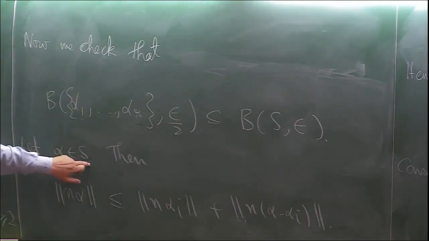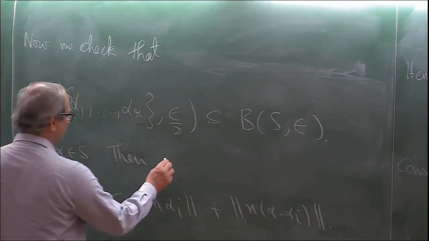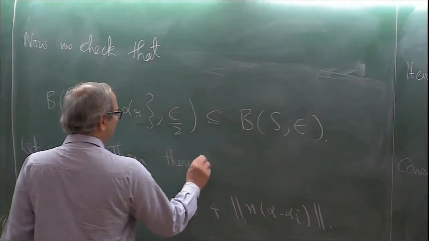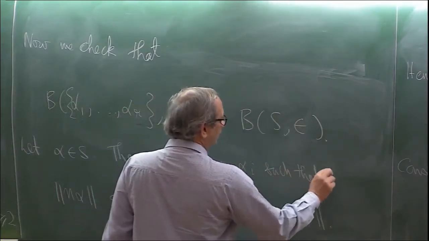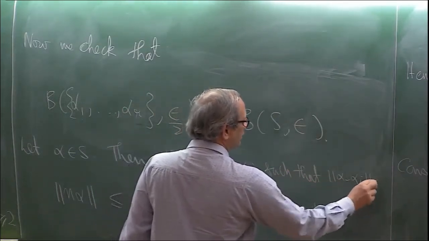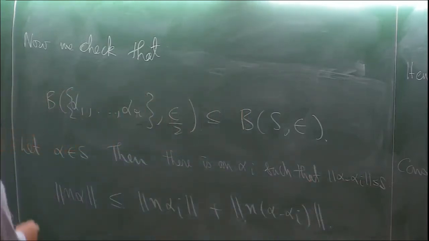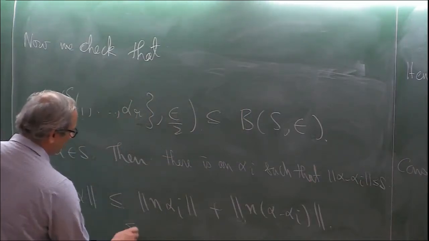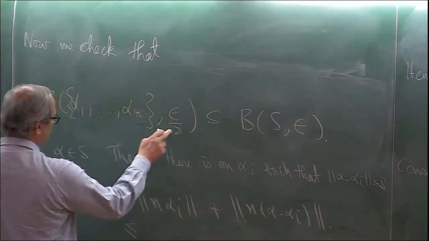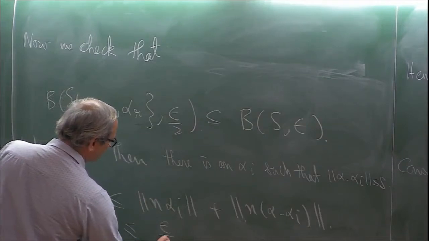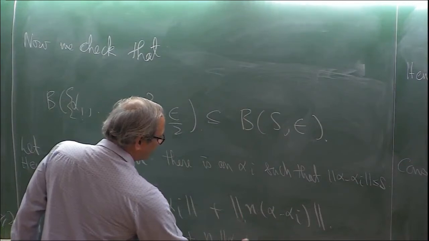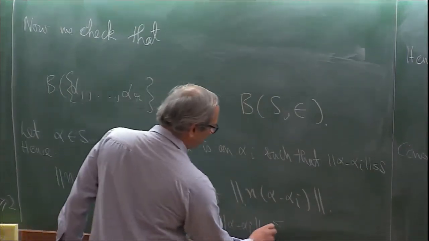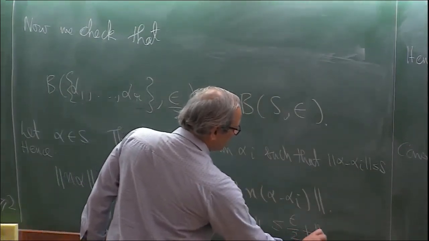So for a given alpha in S, there is an alpha I such that alpha minus alpha I is less than or equal to delta. Hence, this is less than or equal. Now, n belongs to this, so that means this is less than epsilon over 2, and this by the triangle inequality is less than n minus alpha I, and therefore this is less than epsilon by 2 plus n times delta.